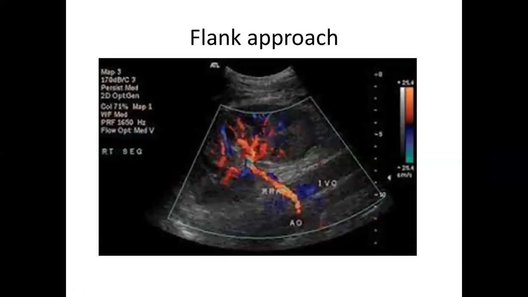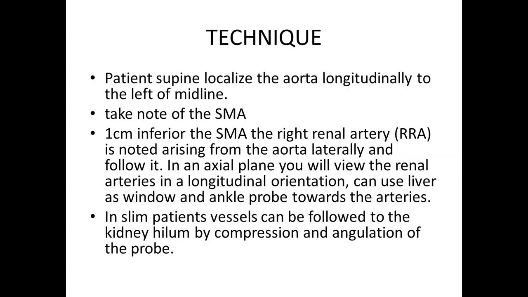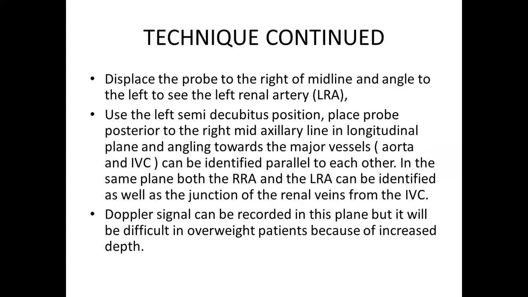This is the flank approach, whereby you have to turn your patient in the decubitus position, whether you are doing the left or the right, and you see the kidney in that orientation. Right, from the anterior approach, you can displace the probe to the right of the midline and angle towards the left to see the left renal vein.